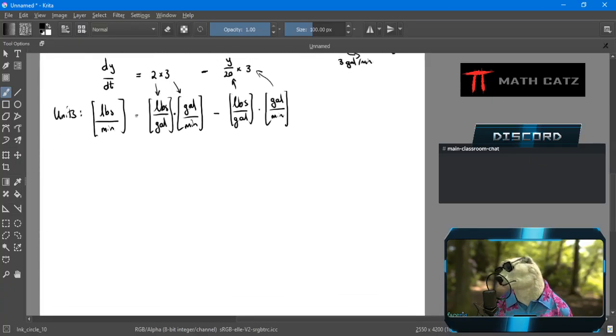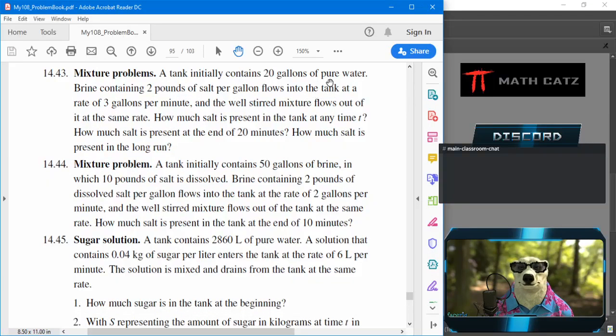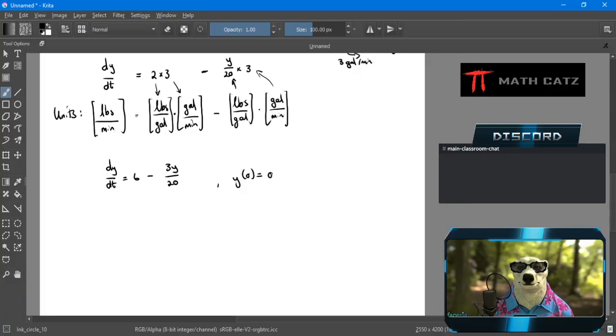Let's rewrite this: dy/dt = 6 minus, now the fraction is a little unfortunate, 3y over 20. And my initial amount, they say initially it contains 20 gallons of pure water, so there is no salt in the tank. So there's my differential equation.